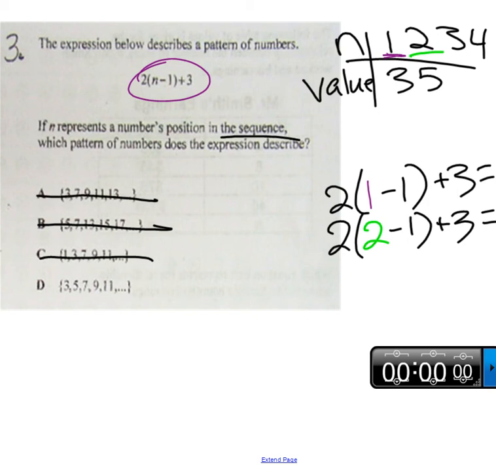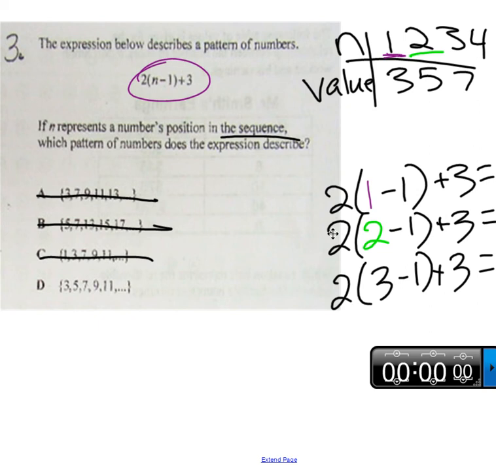So we can see a pattern. We could keep going if we wanted to be extra sure. So 2 times 2 is plus 3. So it does work all the way through. Okay?